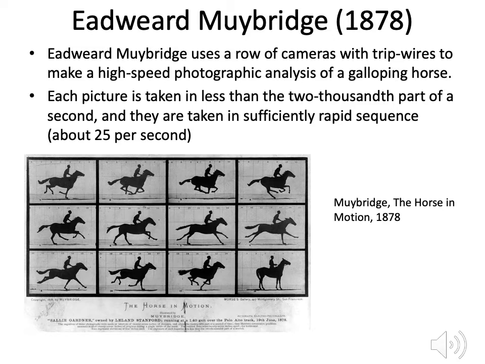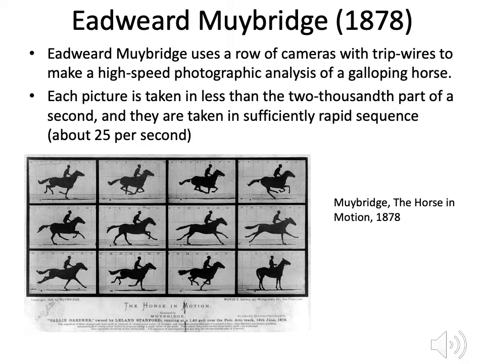So each picture is taken in less than 2,000th of a second. All right, so a very rapid sequence. So that meaning 25 images per second were able to be taken. Now this is The Horse in Motion in 1878.